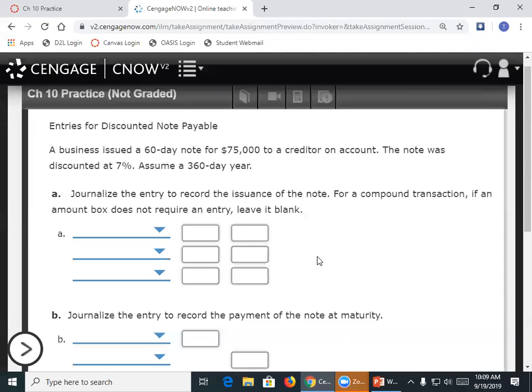So again, your calculation's the same. 875. Very good, $875. We're going to call this our discount amount. So instead of calling it interest, it's just the discount.